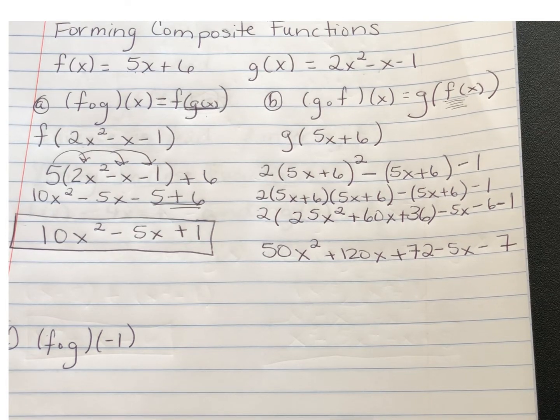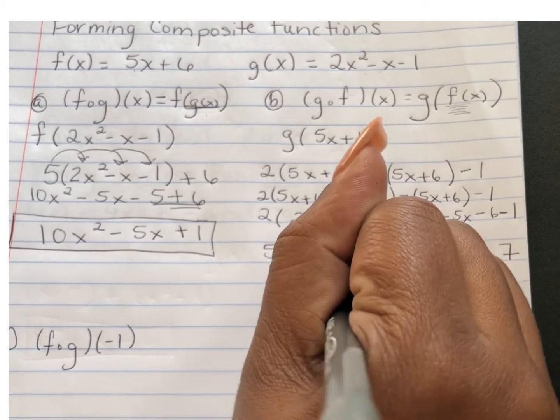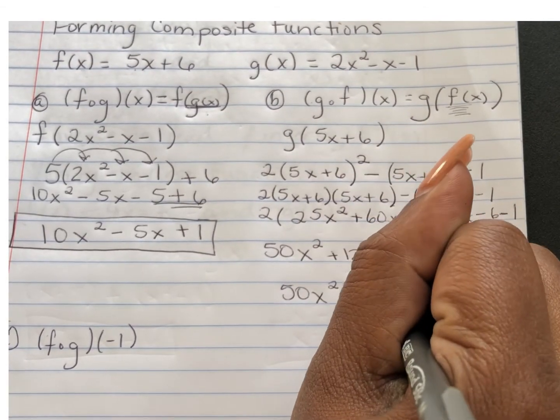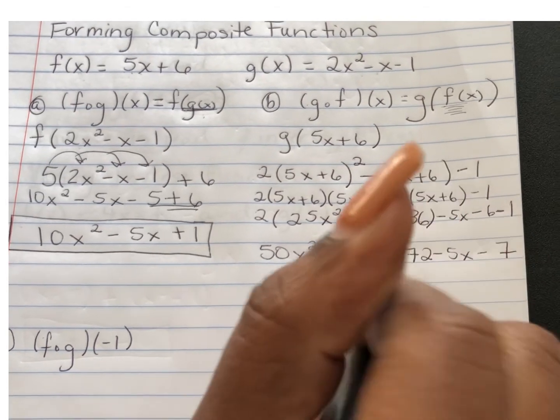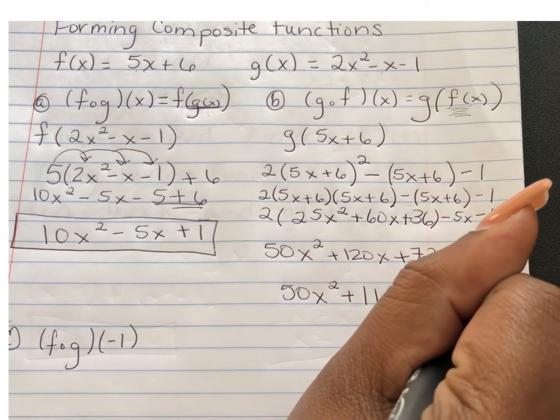When we combine like terms, our final answer is 50x squared plus 115x plus 65.